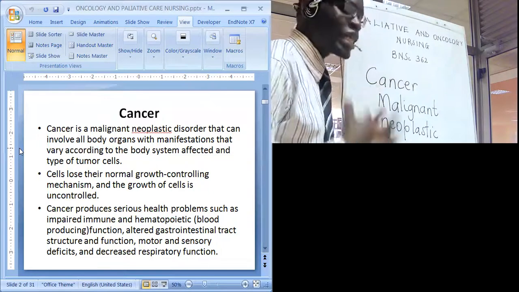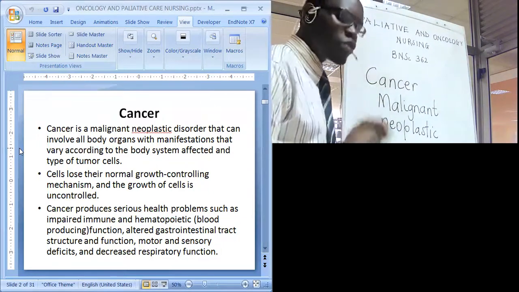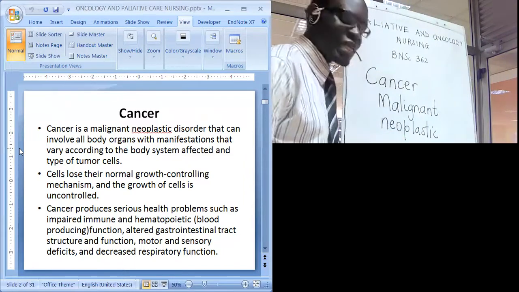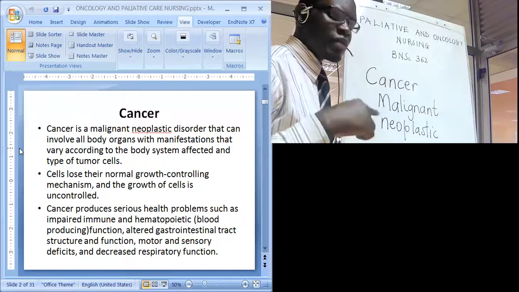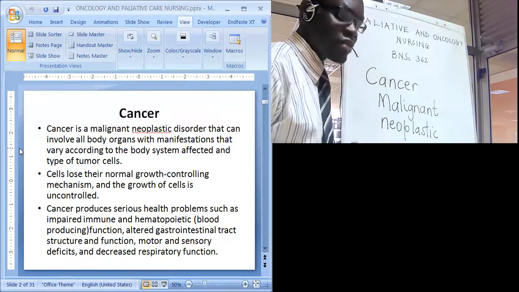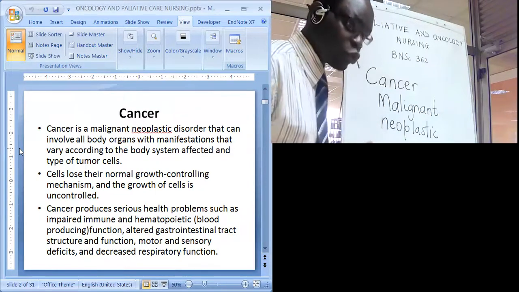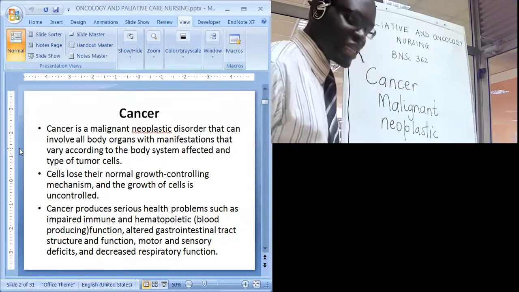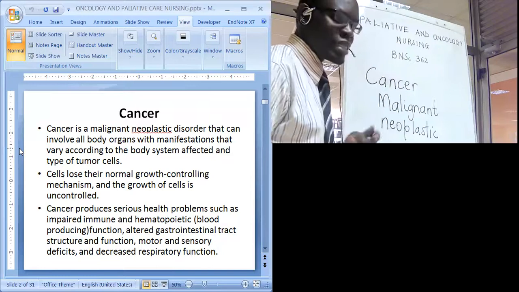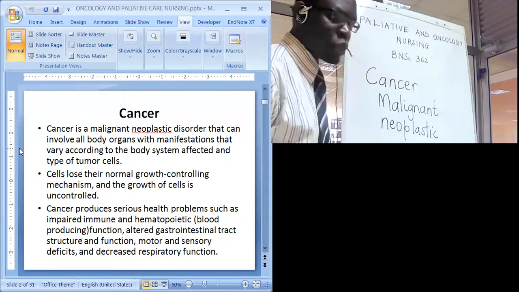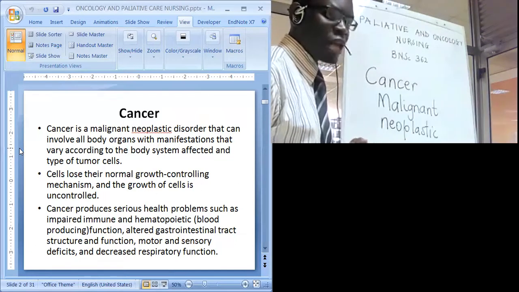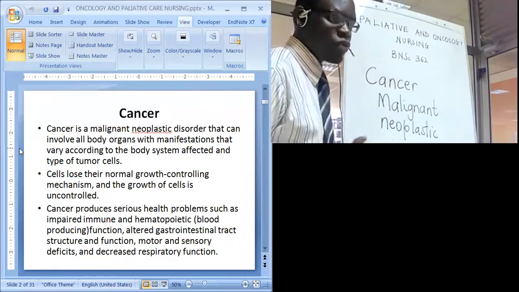So they multiply or grow very, very fast, and as a result, they eat up all the nourishment. Since they are growing very fast, they don't have time to differentiate into different cells.